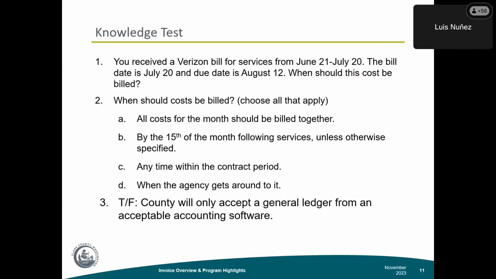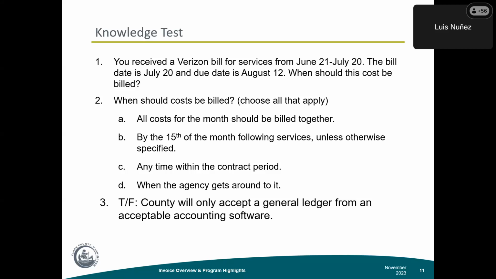The second question is a multiple choice. When should costs be billed? A, all costs for the month should be billed together. B, by the 15th of the month following services unless otherwise specified. C, any time within the contract period.